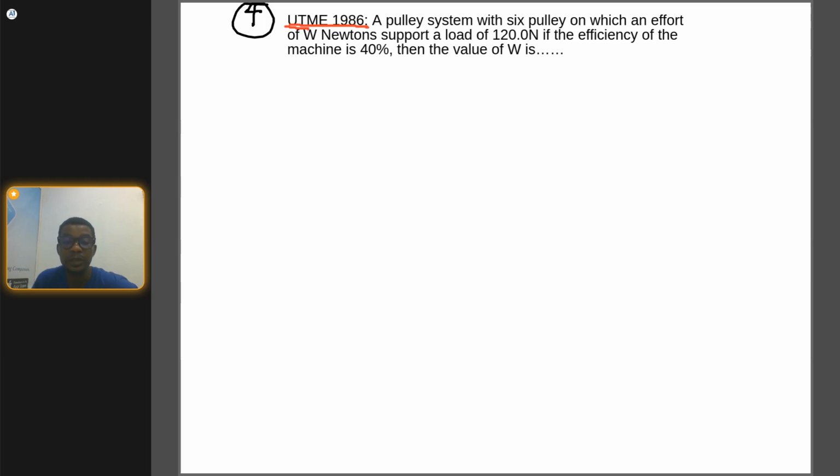We are given the number of pulleys: 6. The effort is W, and the load L is 120 Newton.